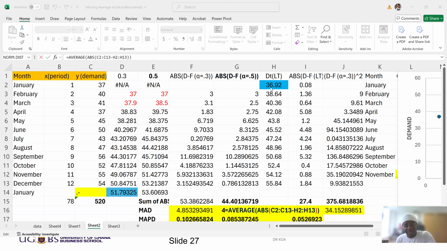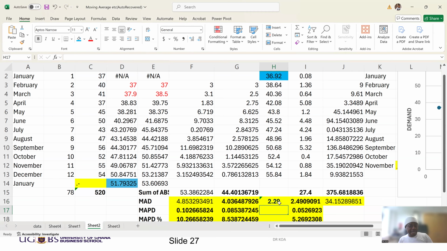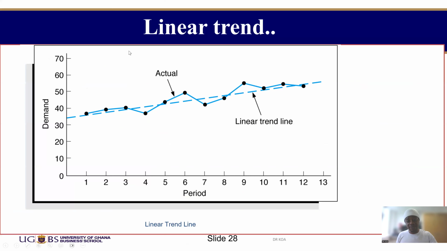There's a value, and the value is 36.92. That is why we are dividing by 12. When you do that, you are going to get 2.29. That is the average of the absolute value of the difference between the demand and the forecast, and that is what gave us this MAD value.